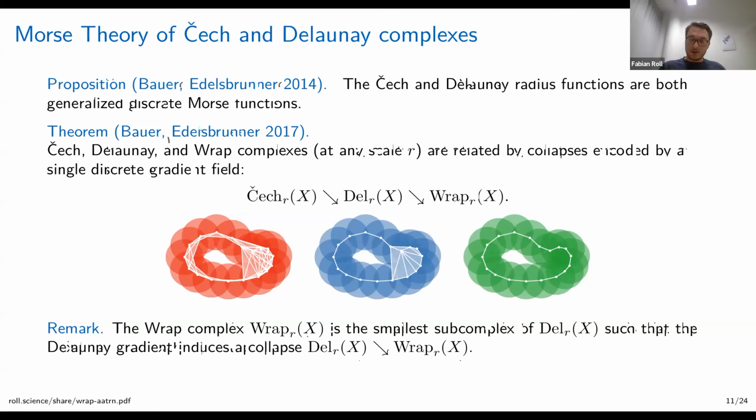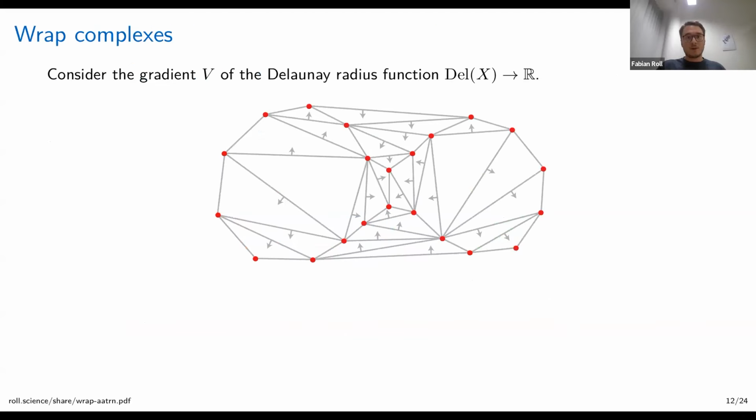This is not the way they define RAP in the paper, but it's an equivalent one. Namely, you could say that the RAP complex is the smallest subcomplex of the Delaunay complex such that the Delaunay gradient induces a collapse from the Delaunay to the RAP complex. So what this should tell you is that in a certain precise sense, the RAP complex is a minimal subcomplex of the Delaunay complex.